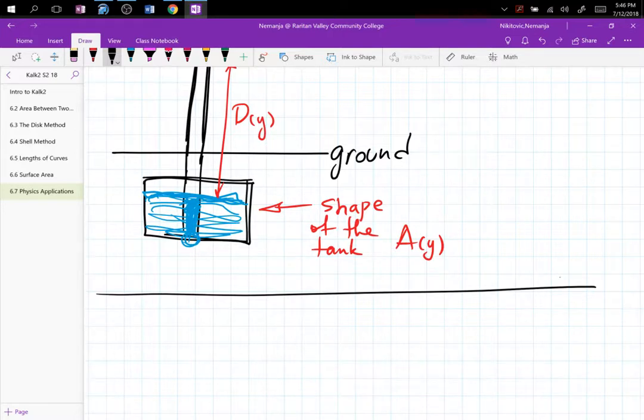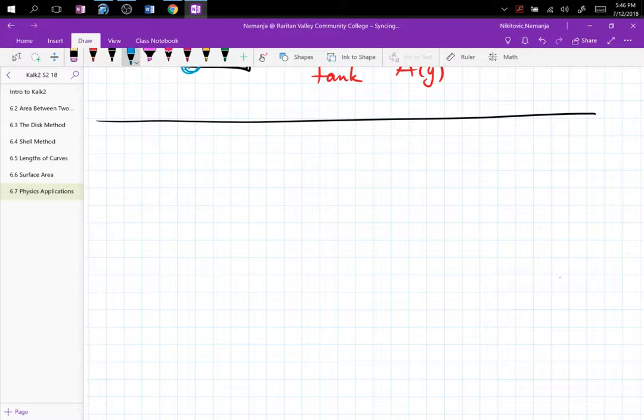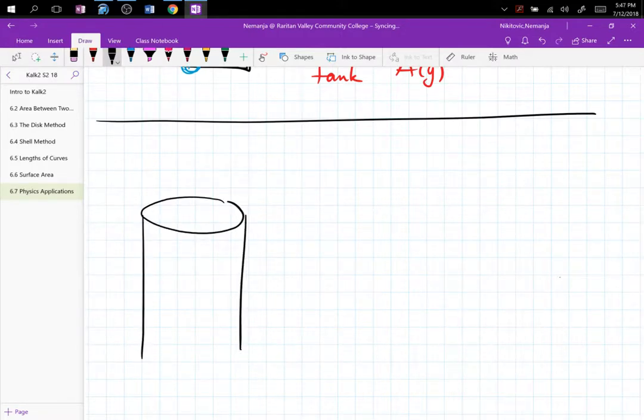So the problem would be where you take a soda can or whatever. We have a soda can here, and we have a straw.